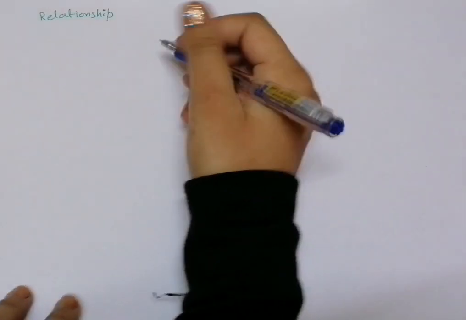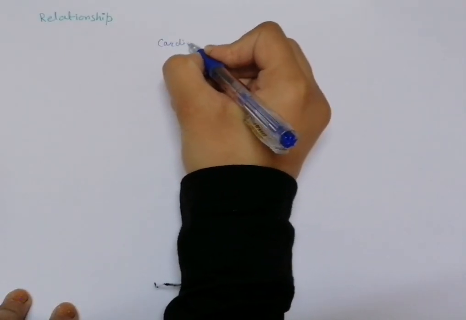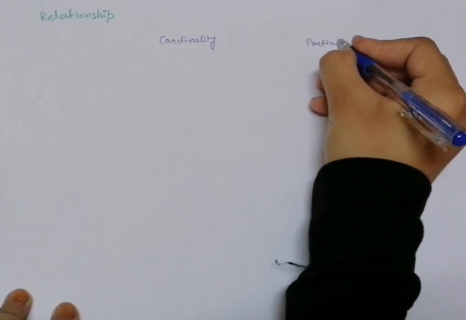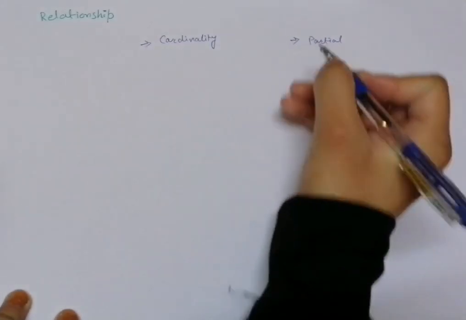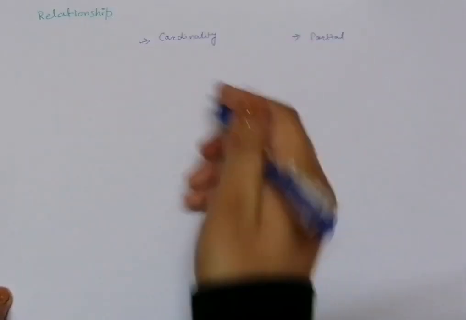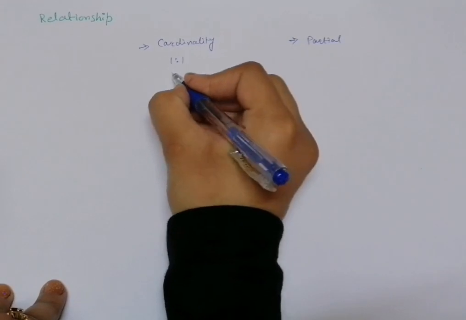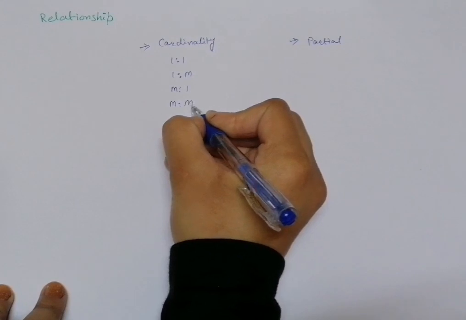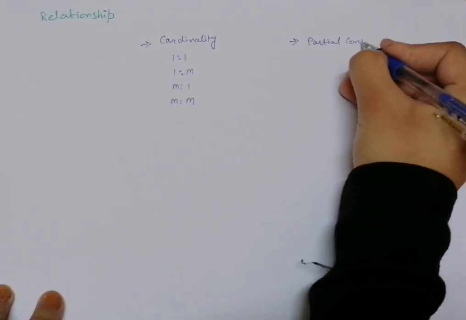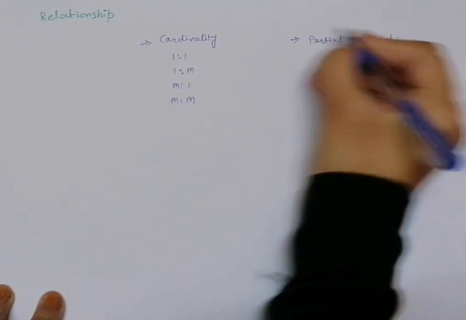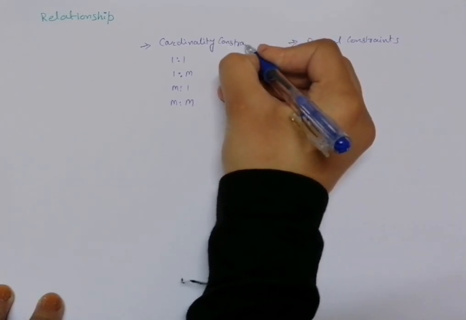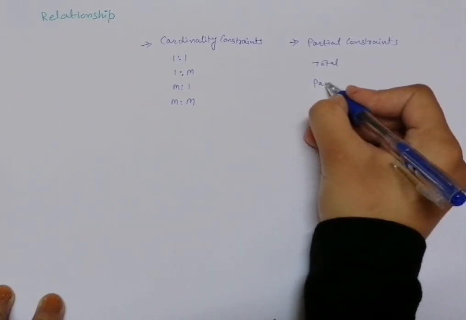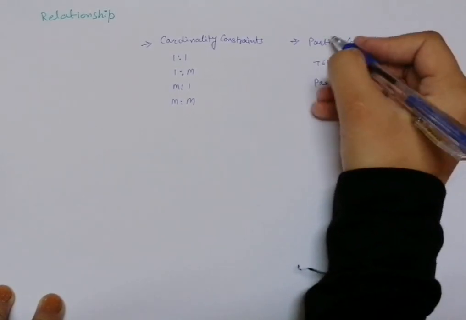Number one is cardinality constraint and number two is participation constraint. These are the two types of constraints that we need to be very careful about. What are cardinality constraints? One to one, one to many, many to one, and many to many. And what are participation constraints? Total and partial.